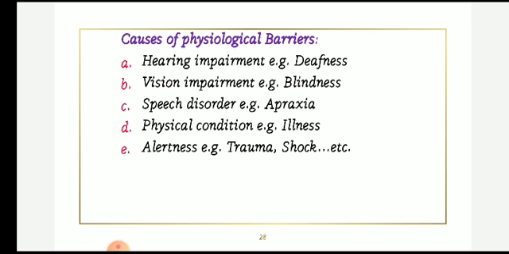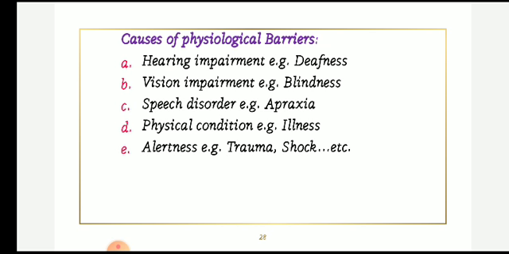Generally two types are there. First, the disability called myopia. Myopia means short sightedness. Another one is hypermetropia, which means long sightedness.